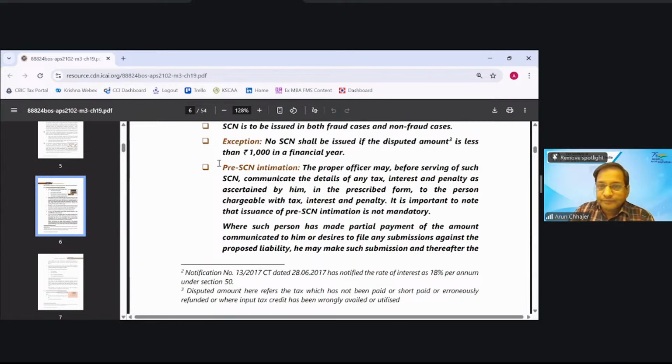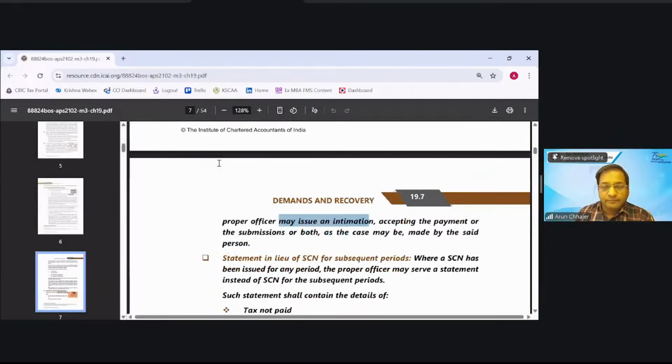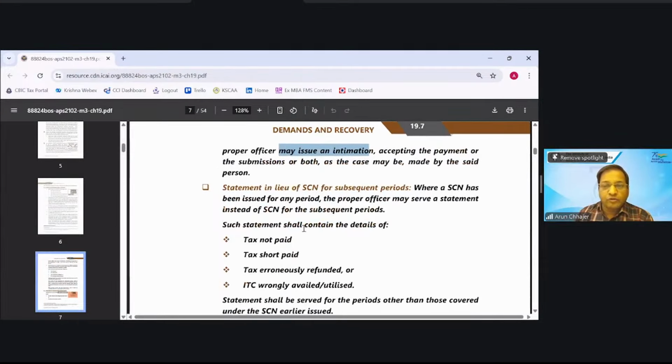Correct. The statement in lieu of the show-cause notice for the subsequent period. So accepting the payment, they will raise the intimation. They will give the intimation. Why? So that if the taxpayer is ready to pay, then the lesser penalty would be imposed.